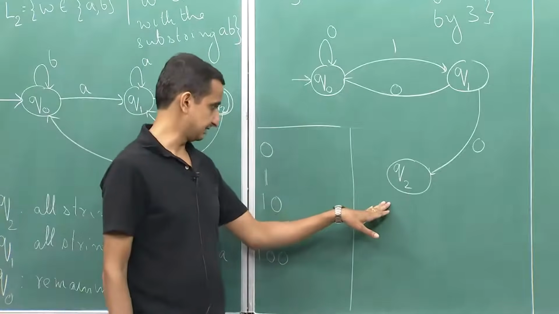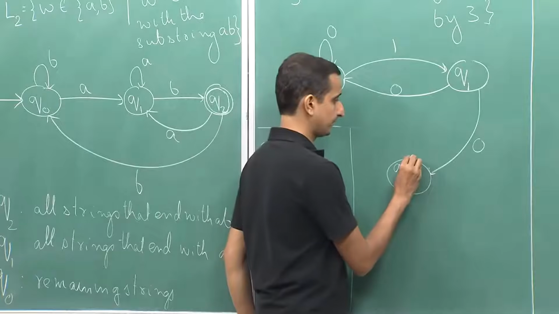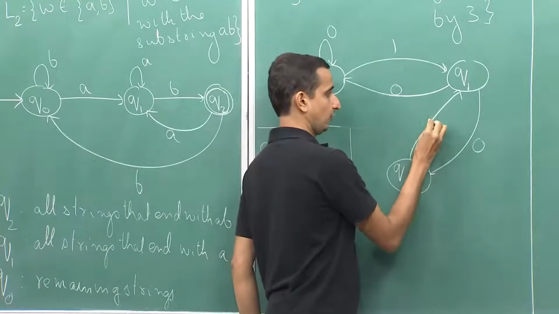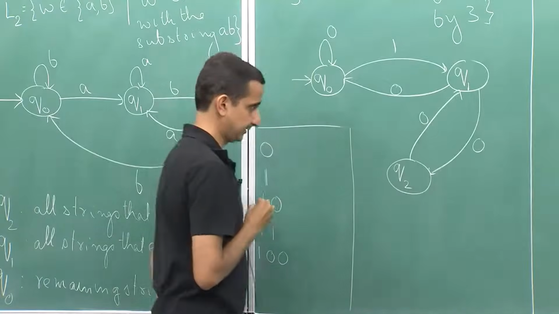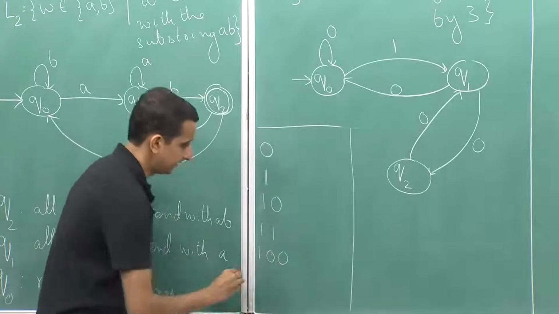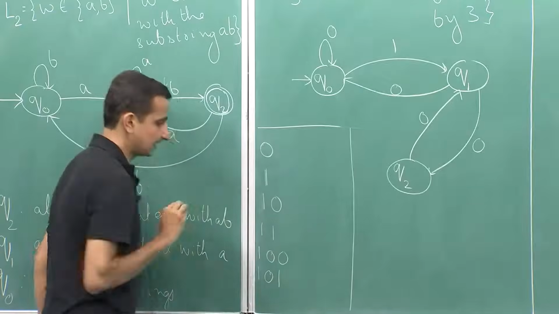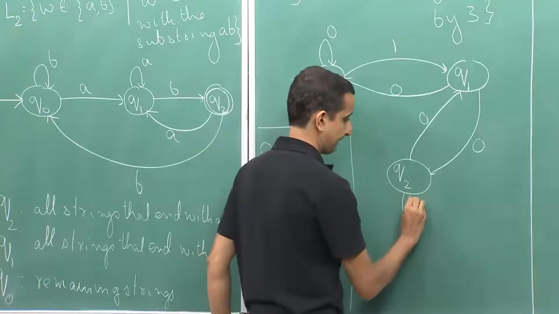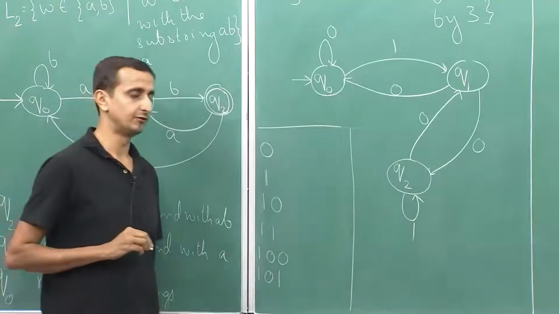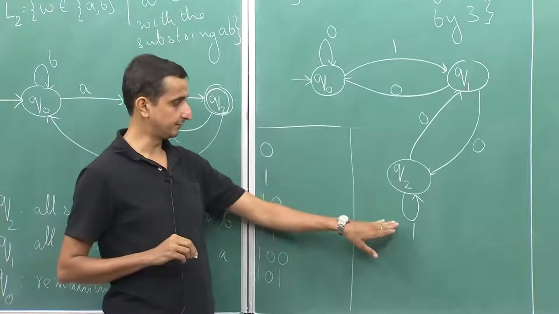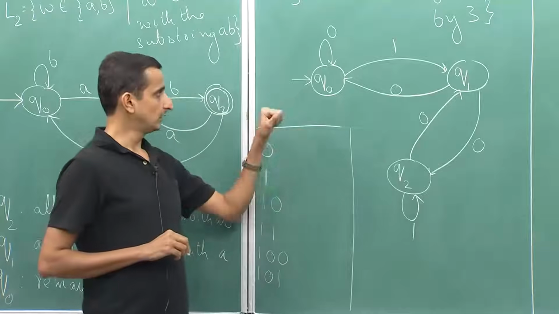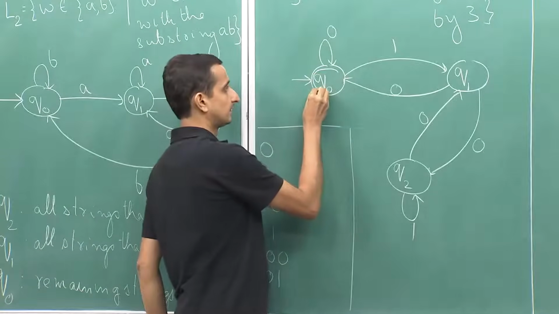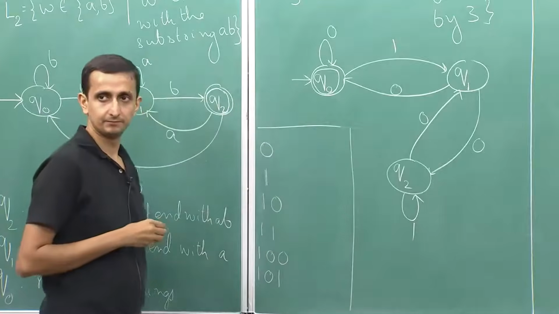So, which means that from Q2, if I see a 0, I should go to Q1, because 4 when divided by 3 leaves remainder 1, and from 1 0 if I see a 1, it means, so this corresponds to the decimal number 5, hence I stay at Q2, because 5 when divided by 3 leaves remainder 2. So, what is our accept state? So, accept state in this case will be the state Q0. Okay.